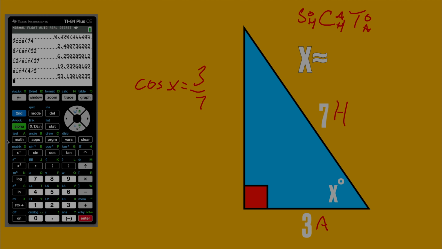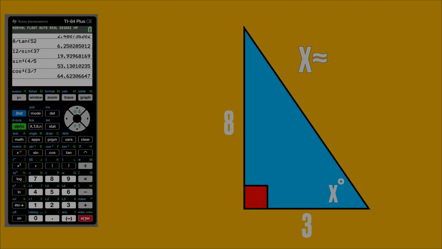I have to use inverse cosine, so second cosine, 3 over 7, enter, and that gets me 64.62. Okay, and one more. This is opposite, this is adjacent, and since we've already used sine and cosine, I know this one's going to be that the tangent of x equals 8 over 3. So I go in second tangent, 8 over 3.